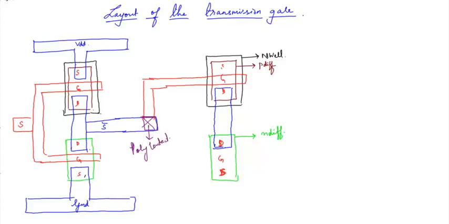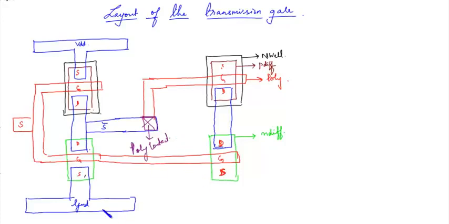Okay, this is poly. Then this input S is connected over here, so directly you can connect from here. So this is S.